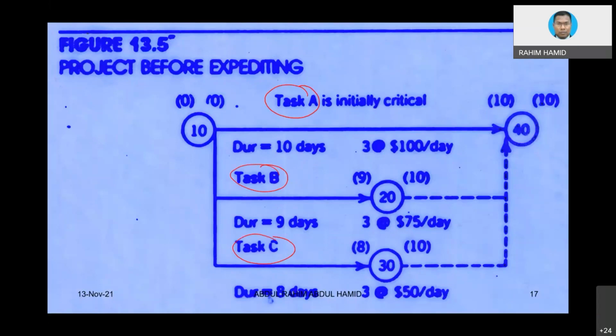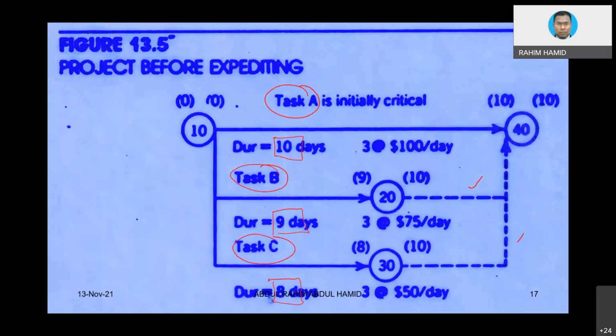This one is basically a dummy activity, which connects the network diagram. The activity durations are given: A is 10 days, B is 9 days, and C is 8 days.